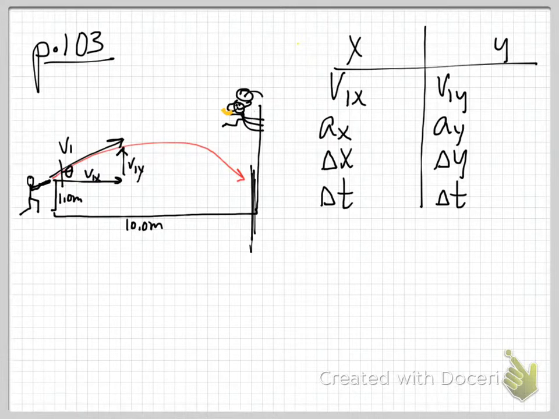We have an angle theta, which we don't know yet. I'll set that over here. But we know that VIX is going to be the cosine of theta times VI, and we know that VIY is going to be the sine of theta times VI.